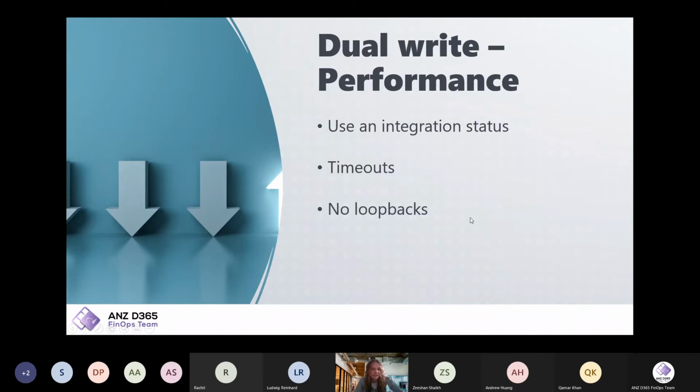So, no loopbacks. I think most of you have hit this one. If you do a create from CE into finance, and you're defaulting a bunch of values into that create, don't expect those defaults to make their way back to CE automatically.